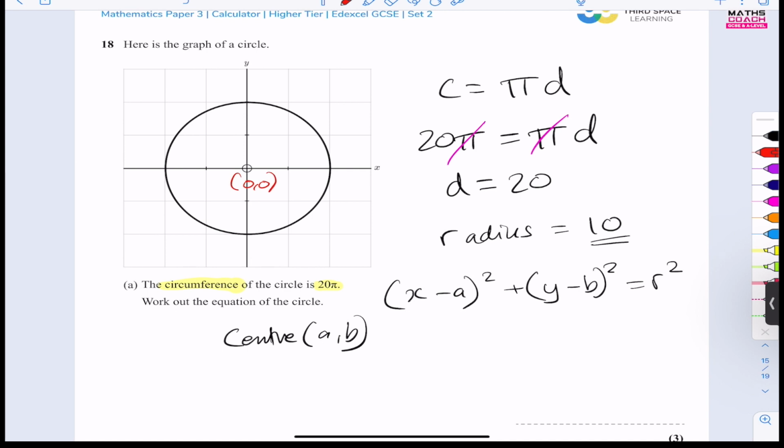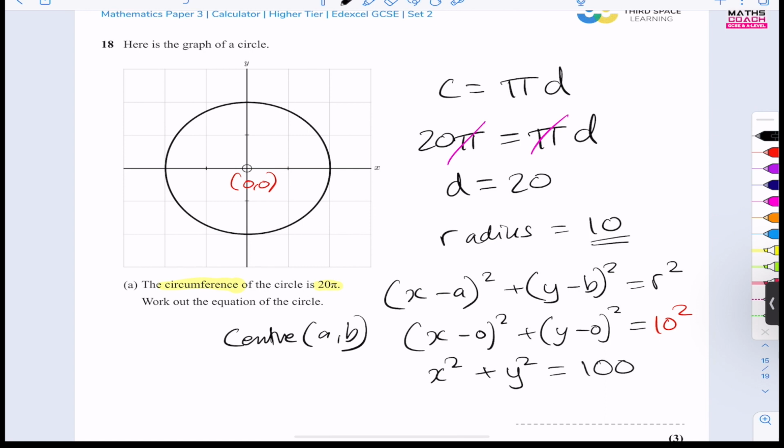So therefore, we're going to do (x minus 0) squared plus (y minus 0) squared equals r squared. r is the radius, so it's going to be 10 squared, okay, which is 100. So x minus 0 is just x squared, plus y minus 0 is y squared, and 10 squared is 100. So that is the equation of our circle.